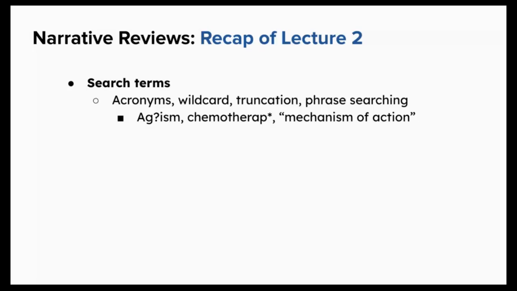If you don't include those double quotations, the database simply thinks that you're saying, okay, search for the word mechanism, and search for the word of, and search for the word action. And you can see that we're going to pull a million different research records from a million different areas that are focusing on actions, that are focusing on mechanisms, but none of them might actually focus on mechanism of action.